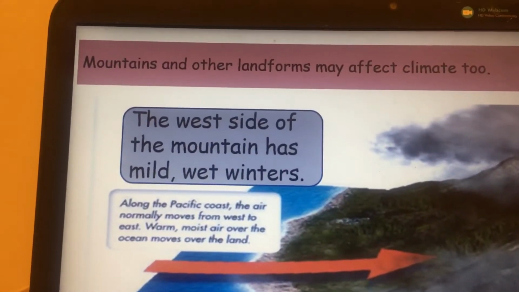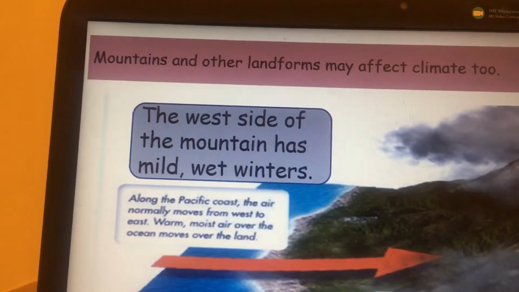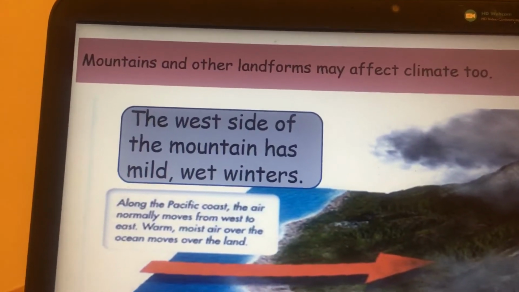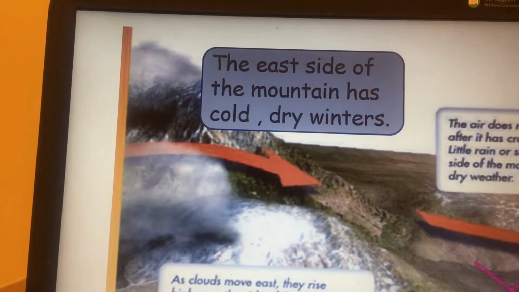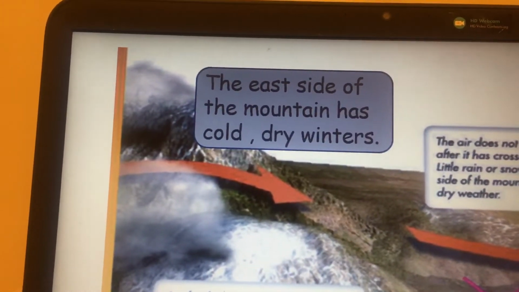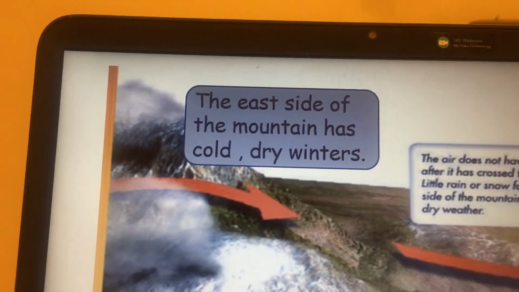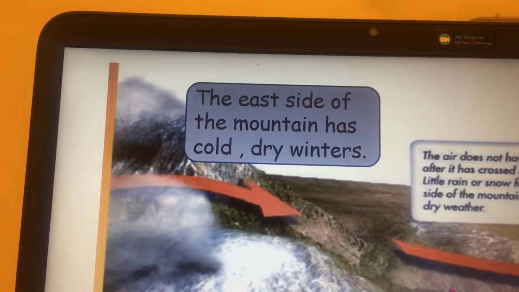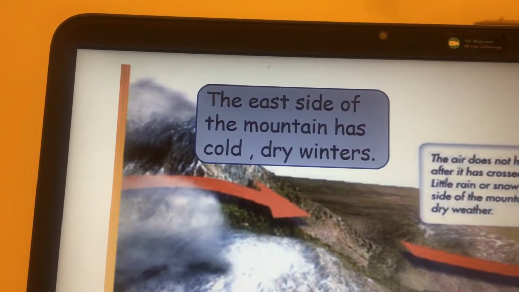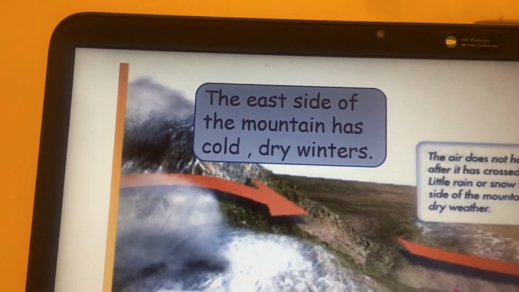The west side of the mountain has mild wet winters, and here it will get more rain. At the east side of the mountain, cold dry winters. Here the air does not have much moisture after it has crossed the mountain. Little rain or snow falls. The eastern side of the mountain has a pattern of dry weather.